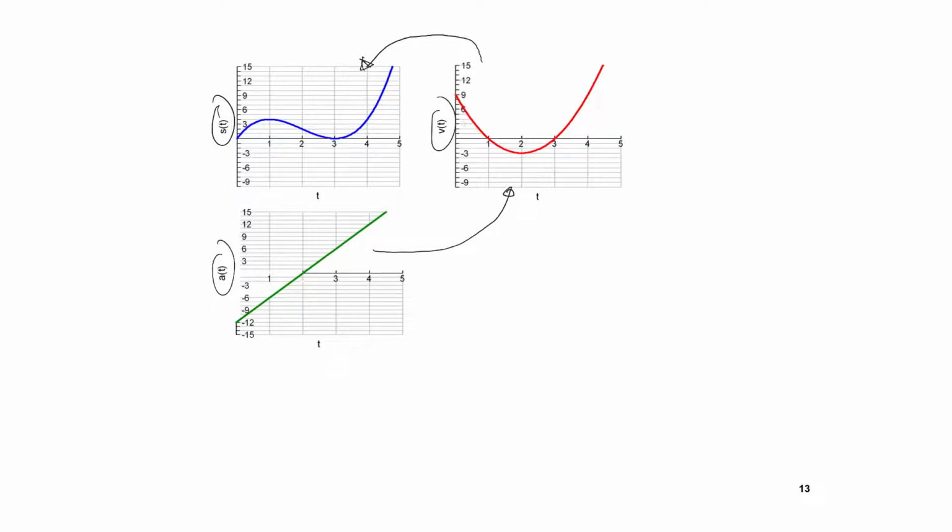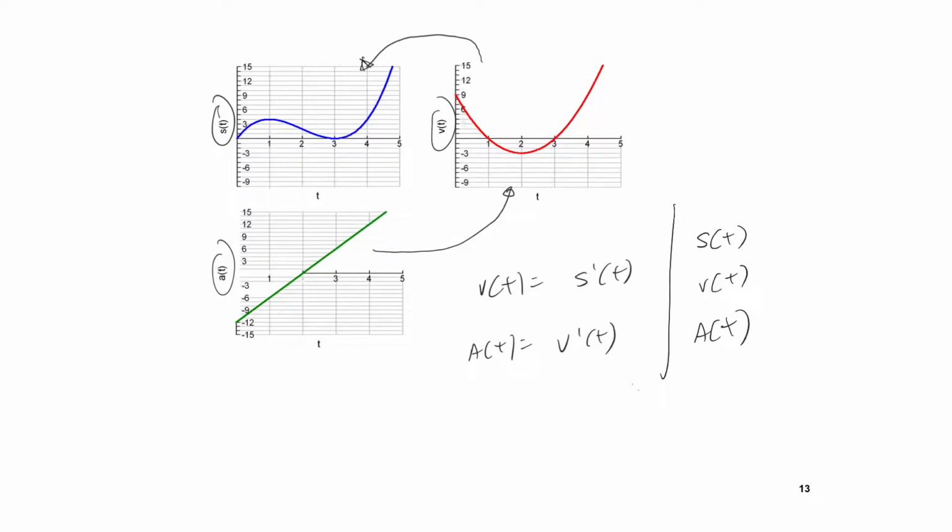Velocity is, as I said, s prime or d prime, depending on what you want to call it. We know that acceleration is the derivative of the velocity. So just to put things in order from the original function, to get velocity, you're going to find the derivative from here to here. To find the acceleration, you start from the velocity and take the derivative to get to the acceleration.